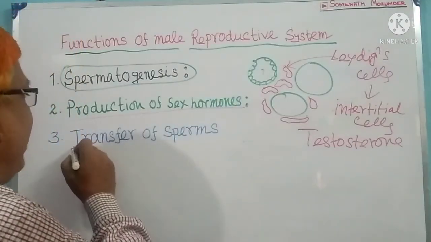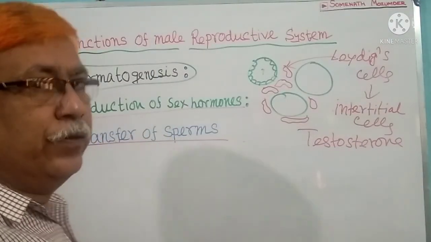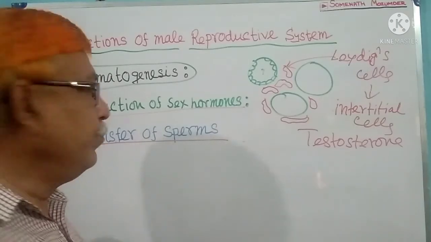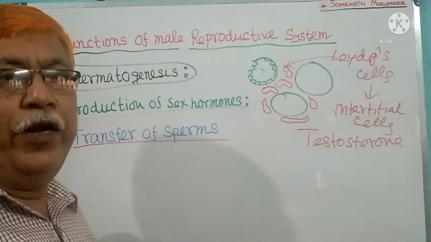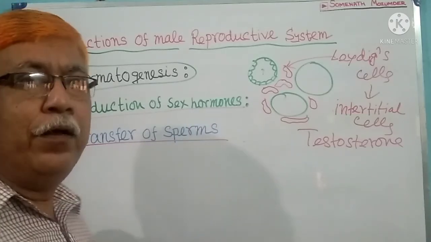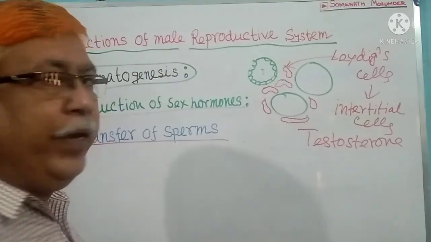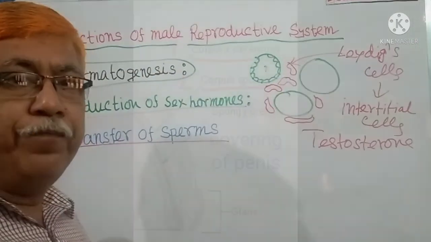And transfer of sperms: the penis transfers sperms during copulation into the vagina. So these are the functions of the male reproductive system.